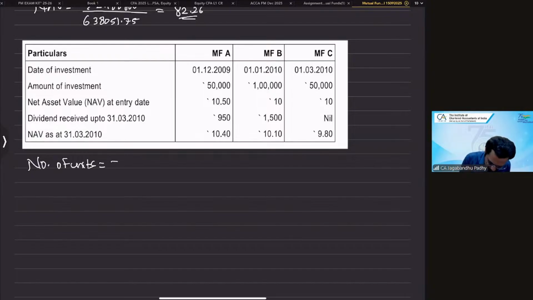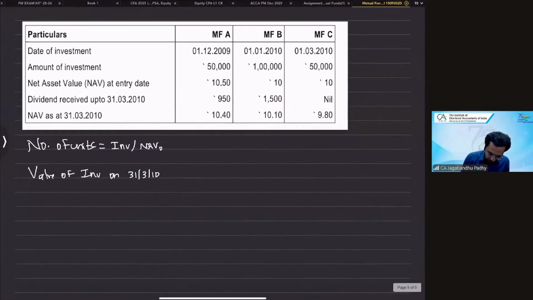Number of units will be investment upon initial NAV. That's the number of units. Then based on that number of units, we can get the value of investment on 31st March 2010, which will be, of course, NAV into units.